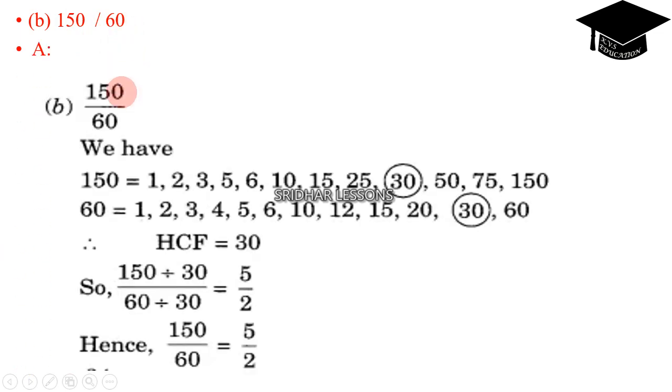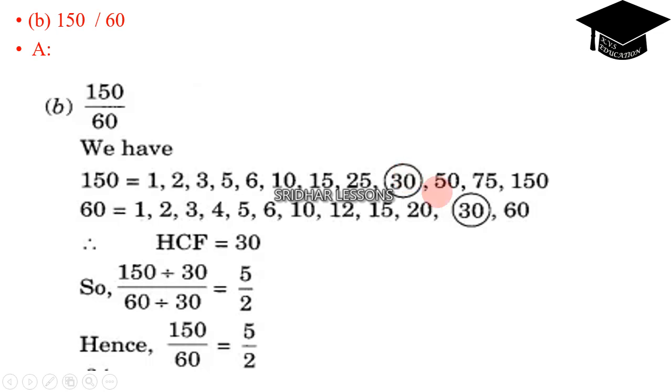Next, problem number B, 150 by 60. The factors for 150 are 1, 2, 3, 5, 6, 10, 15, 25, 30, 50, 75, 150. The factors for 60 are 1, 2, 3, 4, 5, 6, 10, 12, 15, 20, 30, 60.